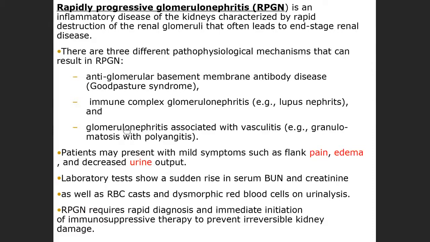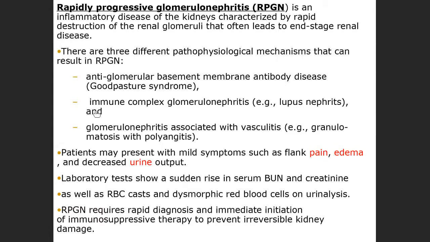If it's immune complex glomerulonephritis, lupus nephritis, again C3 or C4 would be low. If it's Goodpasture, then there is an absence of ANCA. If it's polyangiitis, for example, then it would be vasculitis, and ANCA is present.